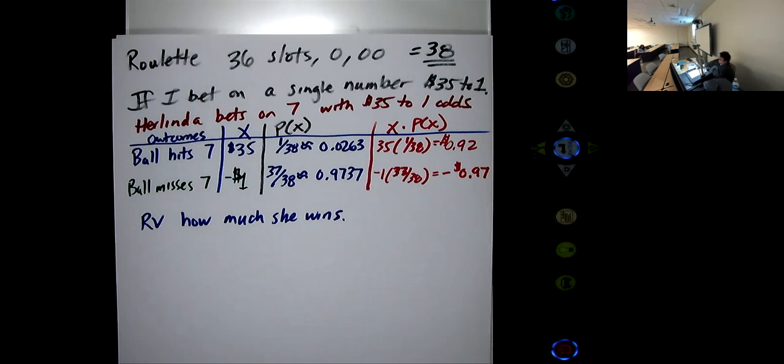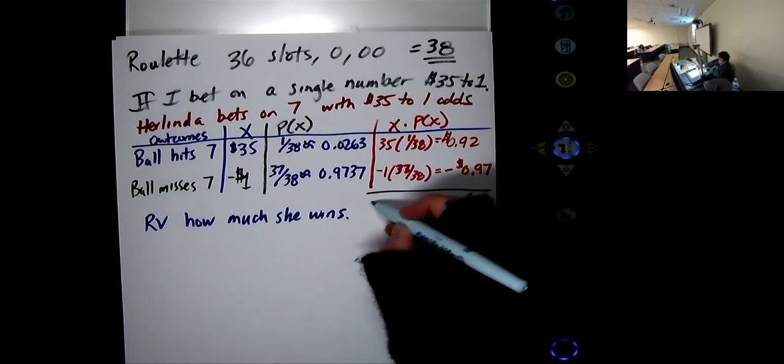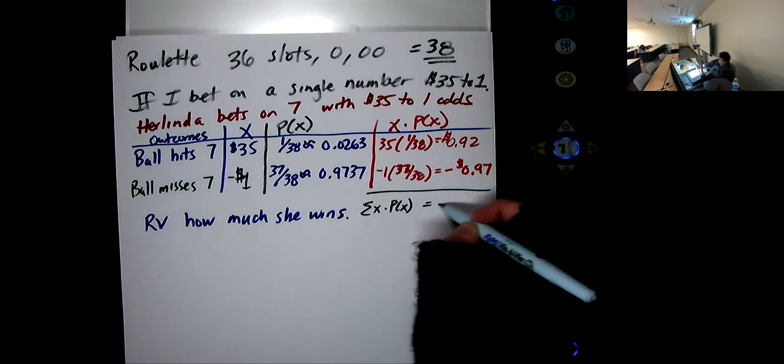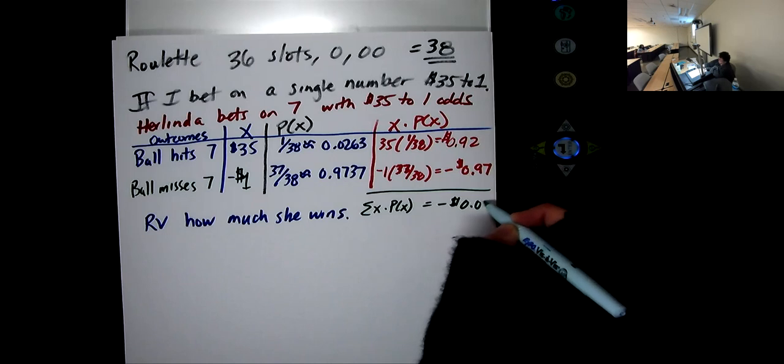So if I add these up, the sum of X times P of X is -5 cents.